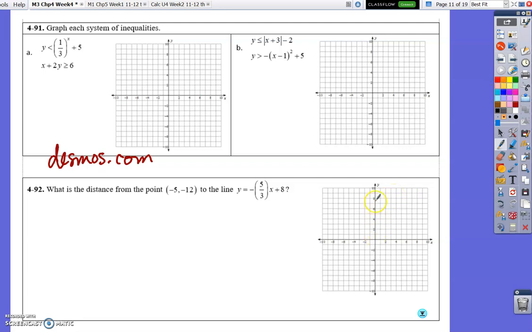So on this one, I'm going to go ahead and start by graphing my equation. I've got 8, a slope of negative 5 over 3. And there's my line. And I want to know the distance from this point, negative 5, negative 12, which is off the paper, to that line. That's a little tricky, but it is perpendicular.